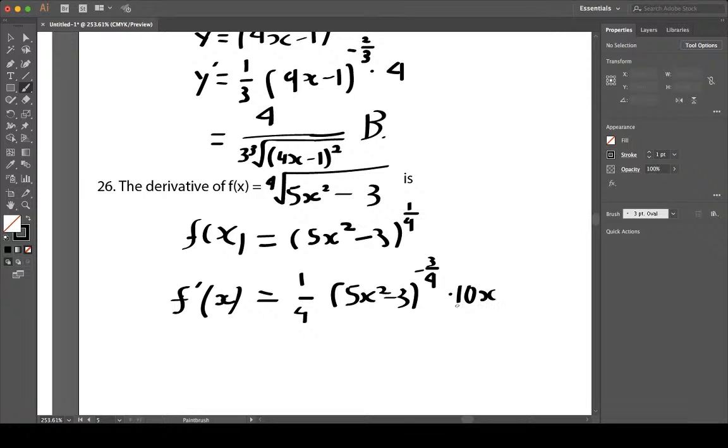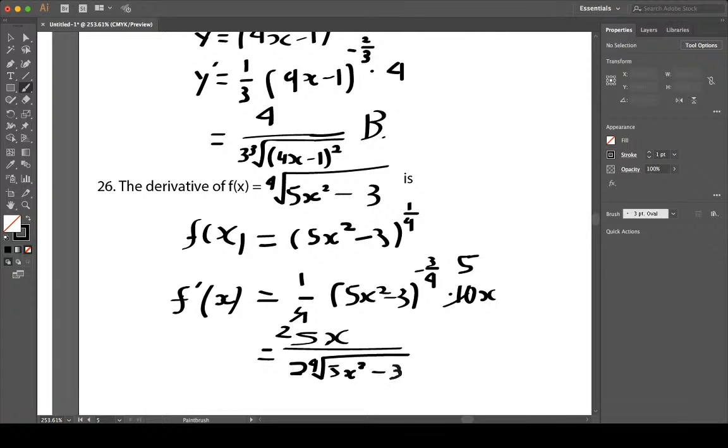With this, we can conclude that the solution would be 5 over 2. How do you get that? Cross this guy, that's 2. Cross that guy, that's 5. So 5 over 2 times this guy here. Don't forget the x at the top of this, 4 times 5x squared minus 3.